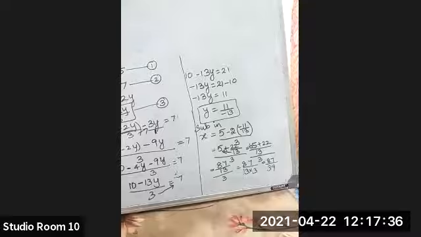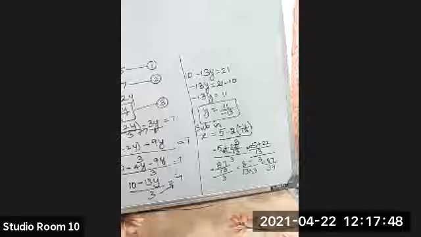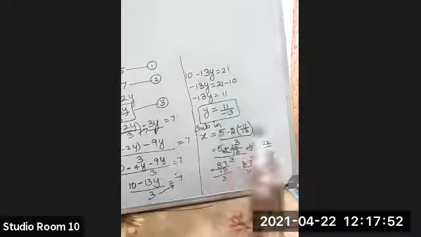Another way we can do it now. X is equal to 5 minus 2 bracket negative 11 by 13 by 3. Then 5 minus 2 is 3 only? No, that one we can't do here. Apply the BODMAS rule.